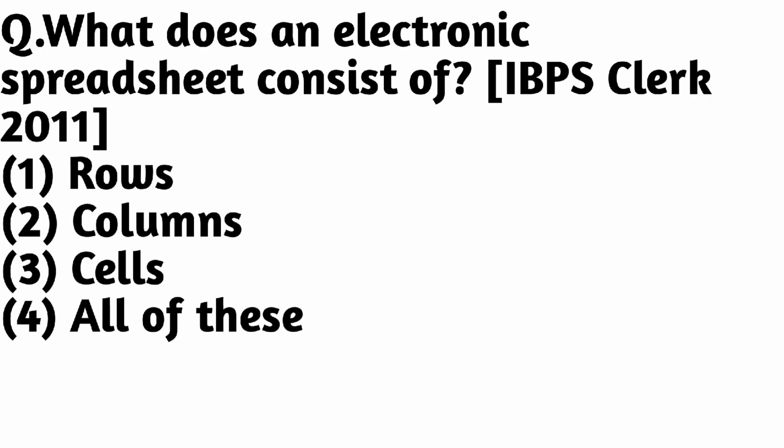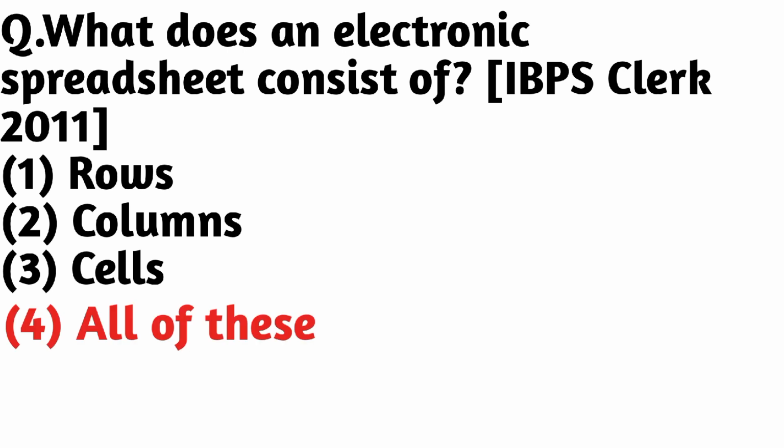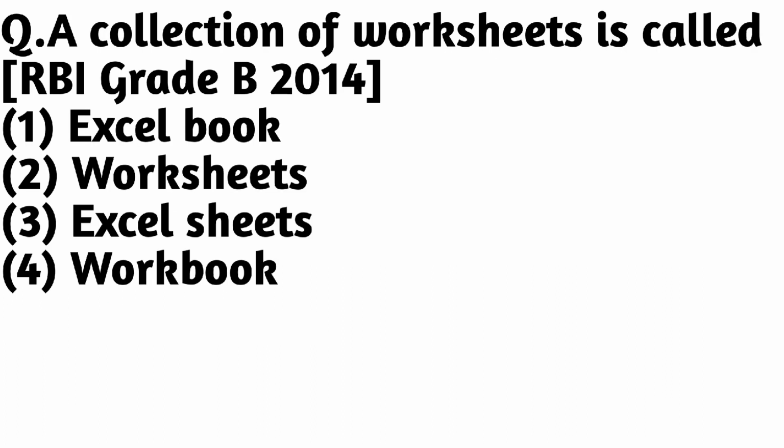What does an electronic spreadsheet consist of? Option 1 rows, option 2 columns, option 3 cells, and option 4 all of these. The correct answer is option 4 all of these. A collection of worksheets is called option 1 Excel book, option 2 worksheets, option 3 Excel sheets, and option 4 workbook.